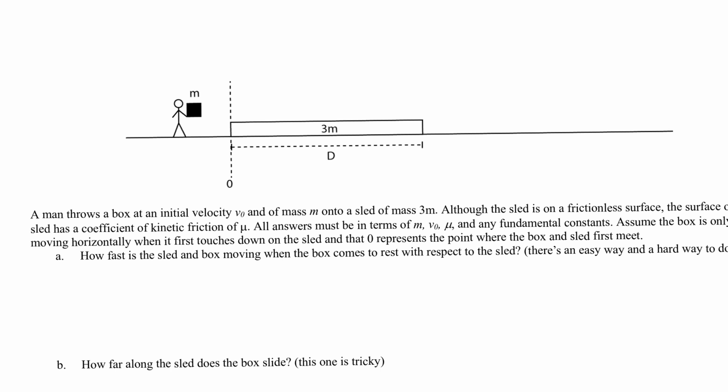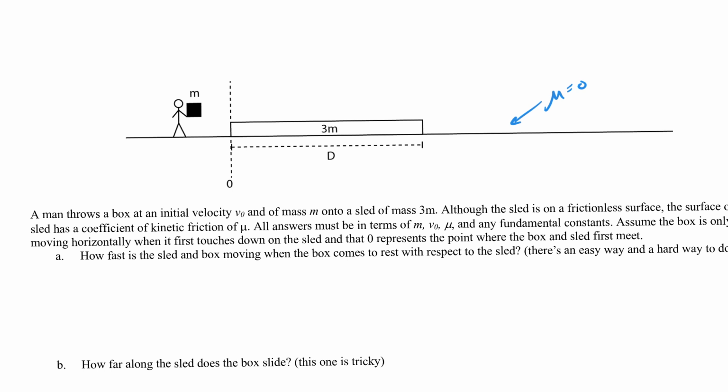You will need to do forces in a minute anyways. But when you throw the box and it lands on top of this, whatever this is, this sled, it's still a collision and can be treated with conservation of momentum because the sled itself is on a frictionless surface. So this surface is frictionless.